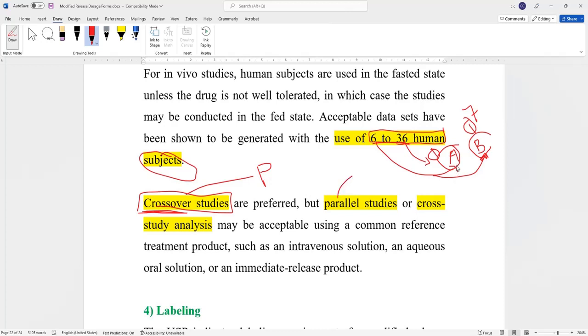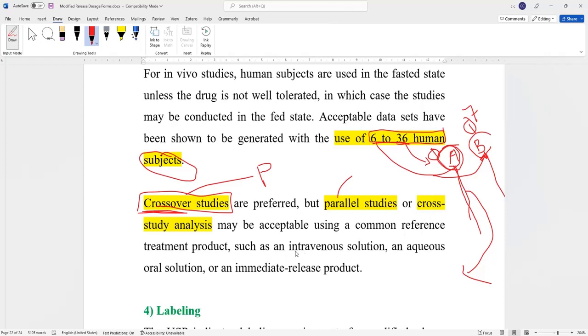It means that here some subjects will take product A, and some human subjects will take product B, and then we do the comparison. And we also have cross study analysis. It means I am going to try only one product with my human subjects, and then I will compare it to another study using the product.